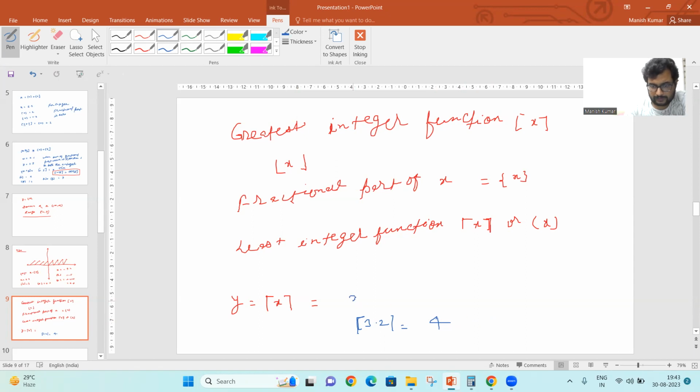So this function is written as greatest integer function plus 1. If you take the least integer of minus 2.2, it is equal to minus 2.